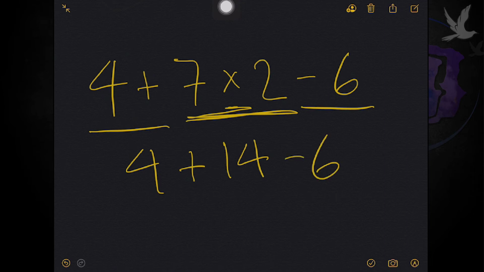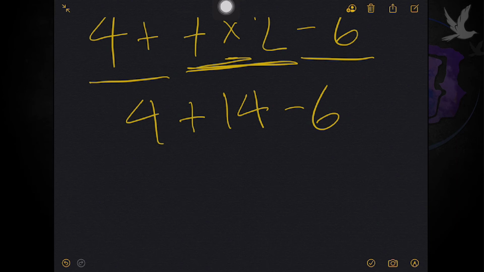So all you have to do now is to ask yourself again, do you still see any multiplication or division? Do you still see any groupings? There's none. All what's left now is addition and subtraction. Okay, so to avoid confusion, you just need to do it one by one, unless you are capable of mentally adding and subtracting this, especially if you have a bunch of numbers already.